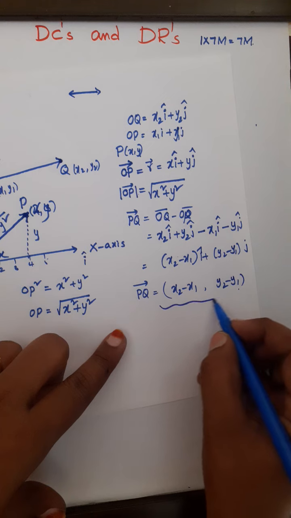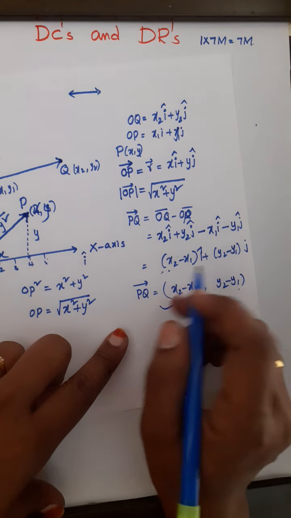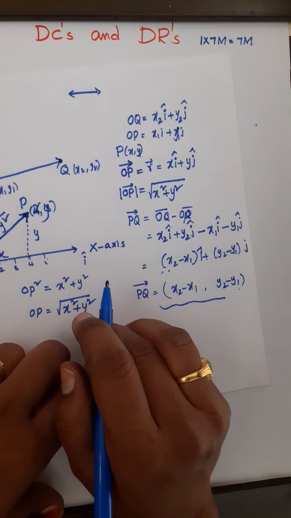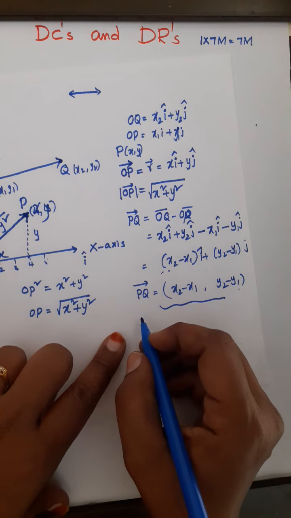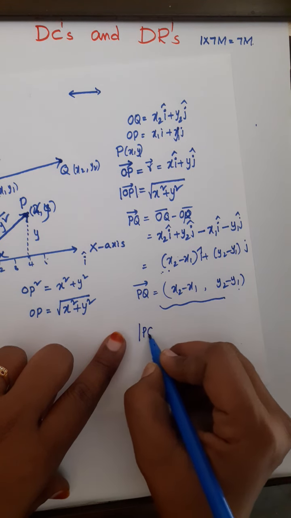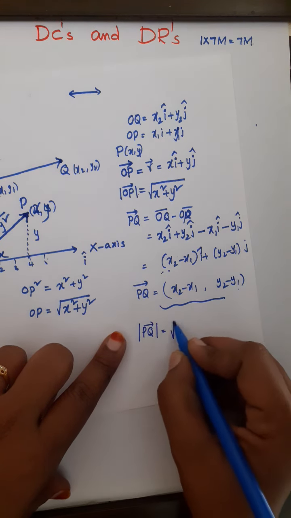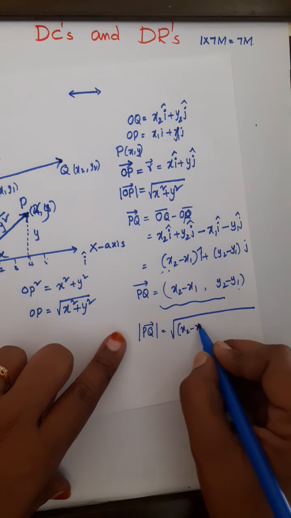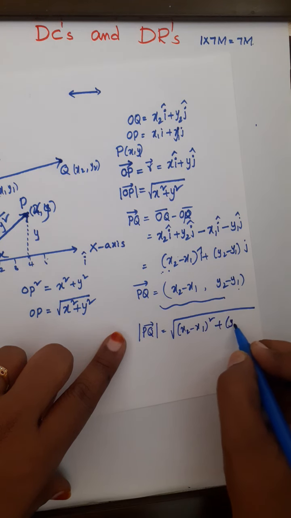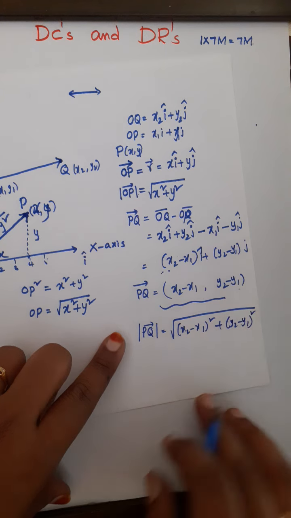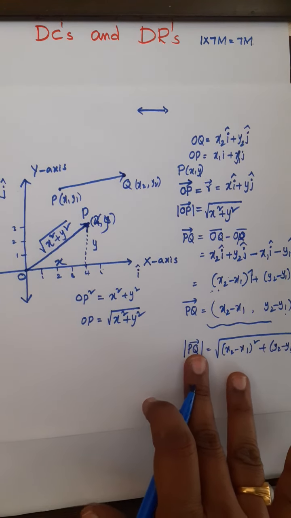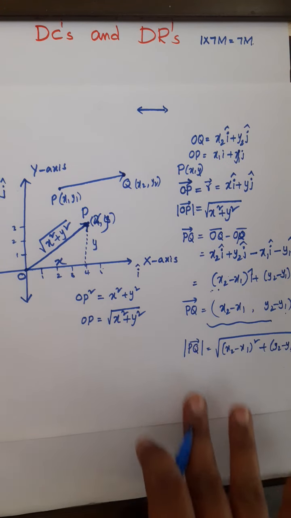So in this way you can find the PQ value, right? Then what is the magnitude of PQ if you want? Under square root of (x2 minus x1) whole square plus (y2 minus y1) whole square. In this way we will find it in 2 dimensions. The same thing we will see in 3 dimensions.